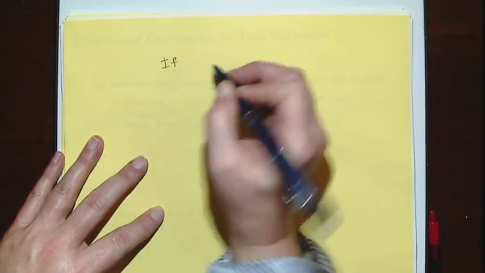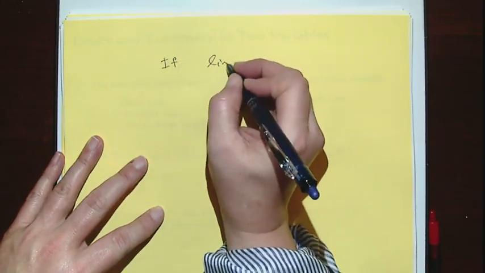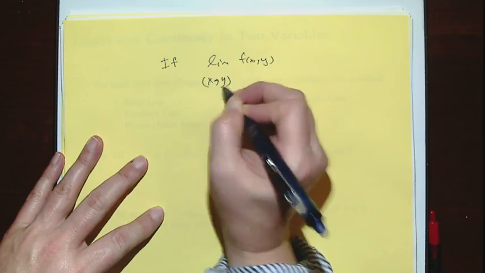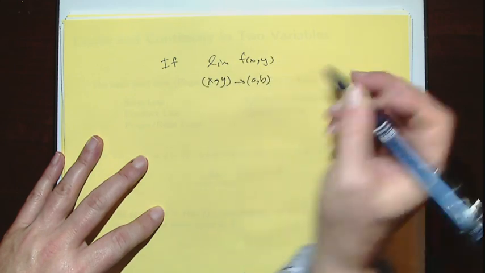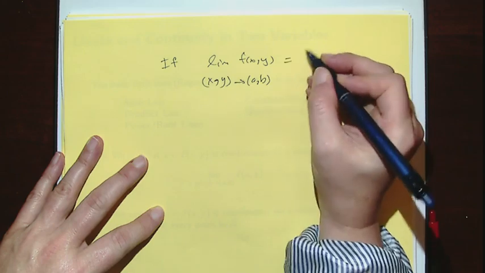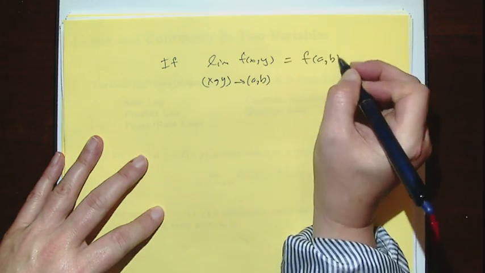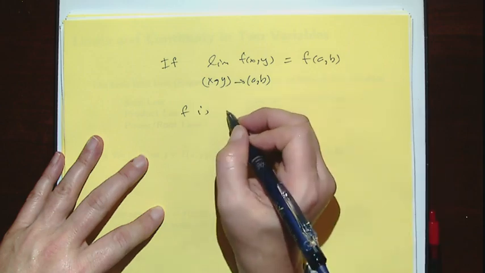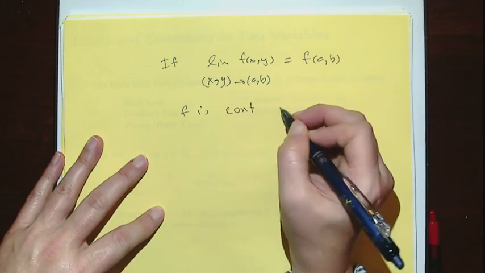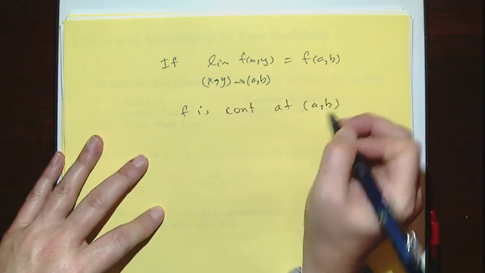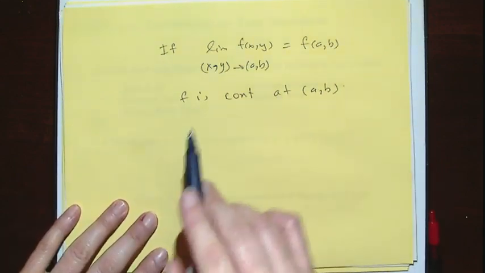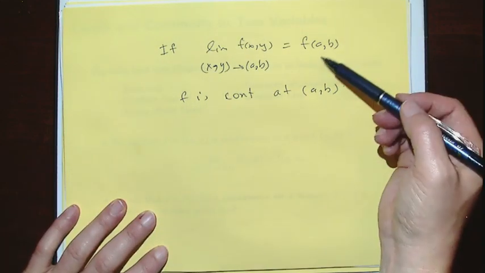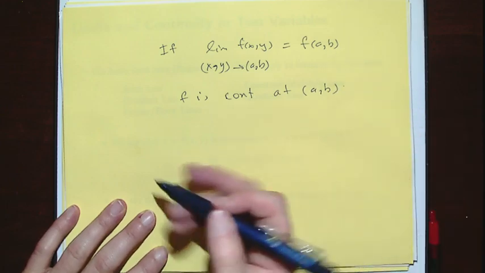If the limit of f of x and y as x and y approaches a and b exists and is equal to f of a and b, f is continuous at a and b. So the limits exist from all directions and are equal to the value.